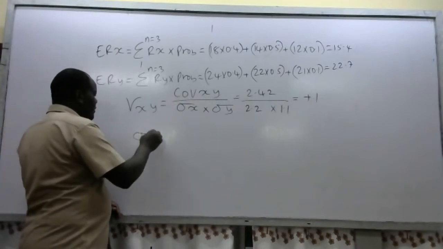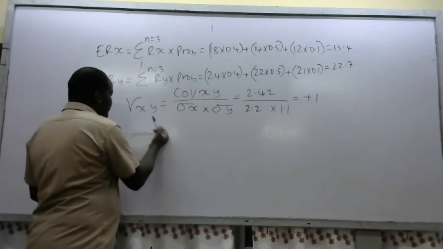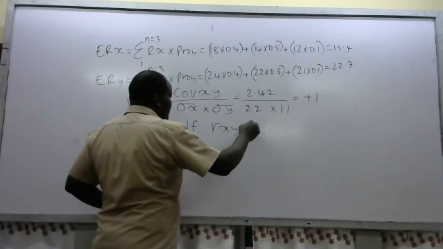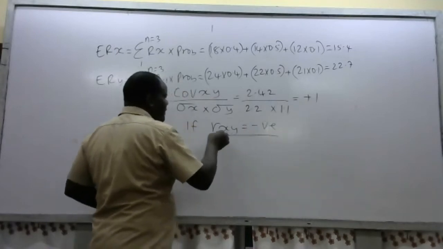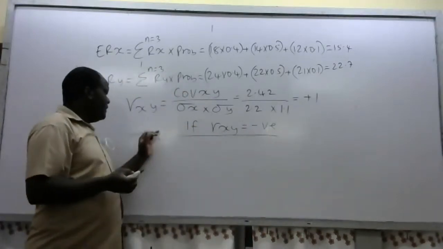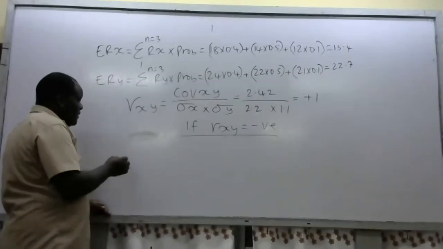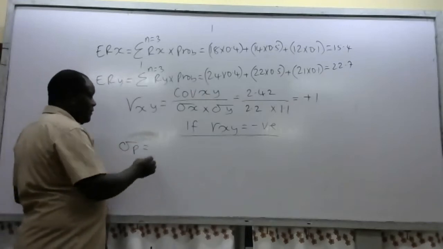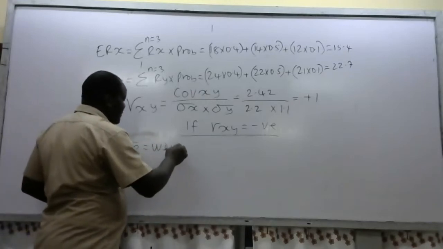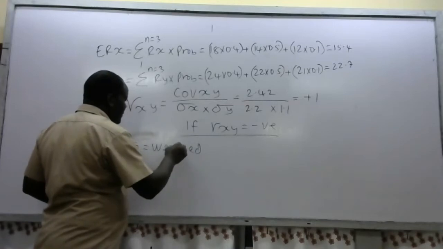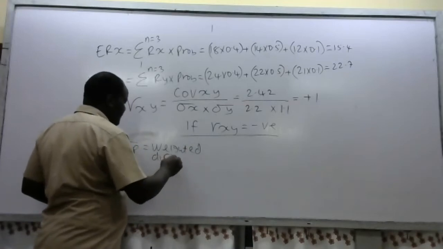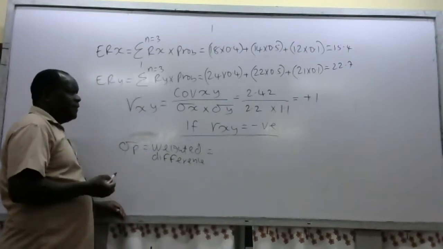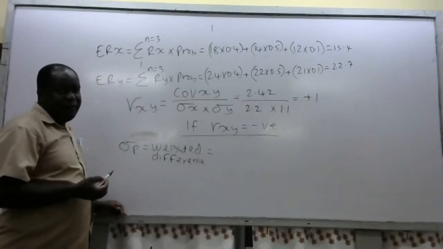So if the correlation coefficient between X and Y is negative, then the standard deviation for the portfolio will simply be the weighted difference.